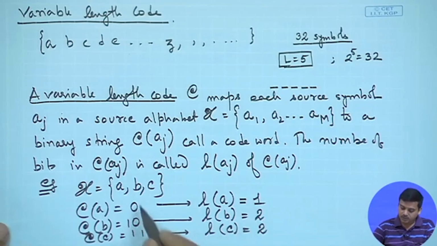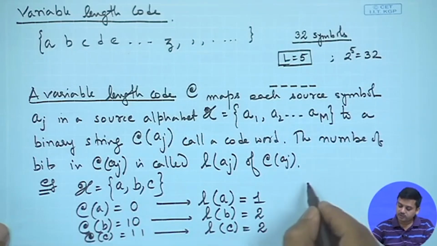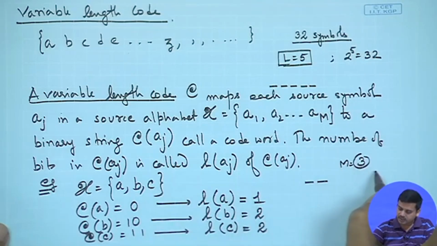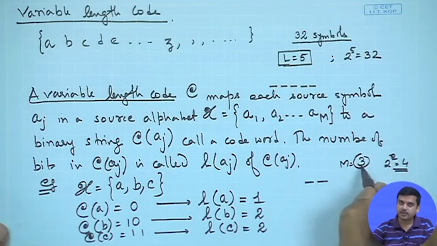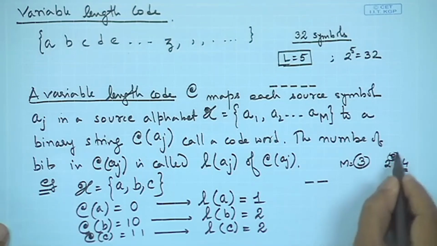So, if it was a fixed length code, we would have chosen 2 bits because we have m equal to 3 in this case, and 2 to the power of 2 is equal to 4, that is the smallest integer greater than log base 2 of 3. So, that means 2 is the number.